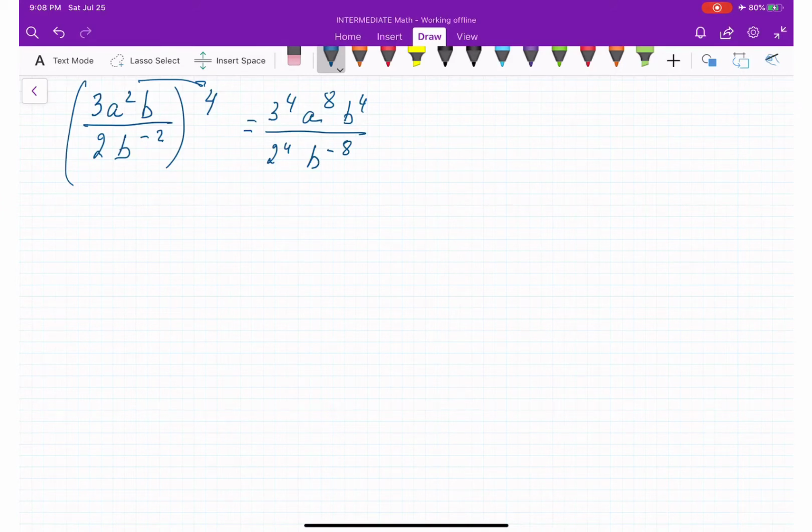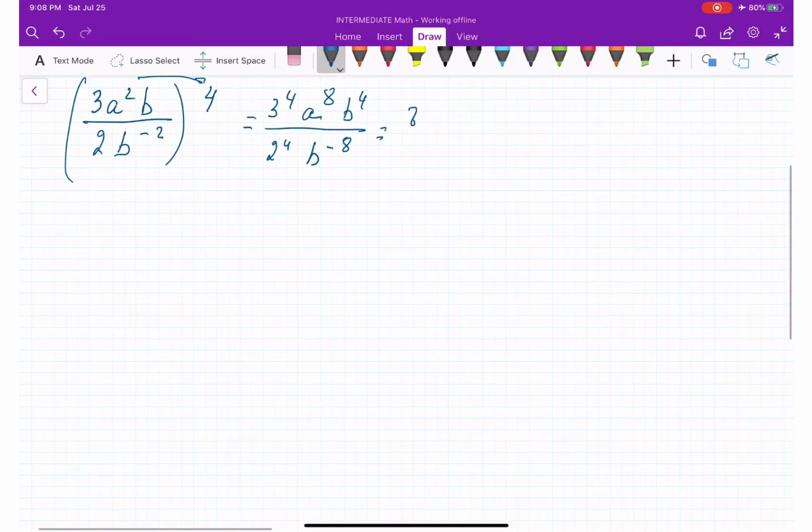Okay? Next. 3 to the power 4: 3 squared is 9, and 9 times 9 is 81. 2 to the power 4: 2 squared is 4, 4 times 4 is 16.